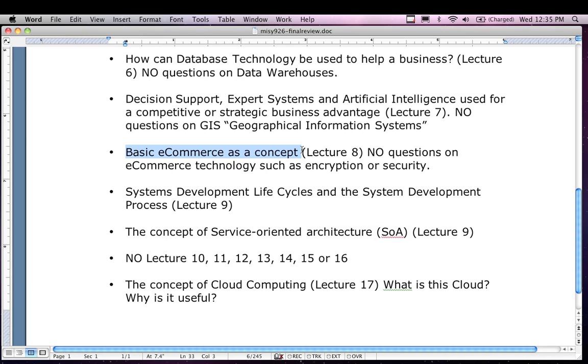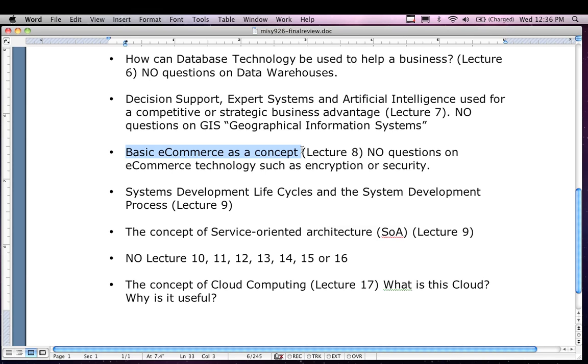That's referred to as disintermediation, but that's really an IS question. It's not on the exam, and neither is the concept of information asymmetry. Rather, it's more about using the internet to achieve a competitive advantage. There's only one e-commerce question out of the entire exam. No questions on e-commerce technology, such as encryption or security. I really didn't even cover that in this class. I just covered the basic concept.